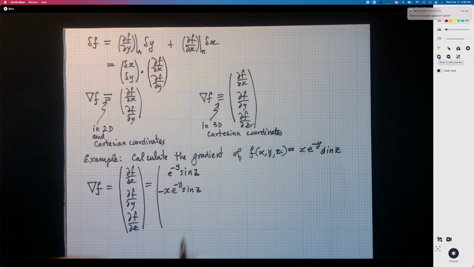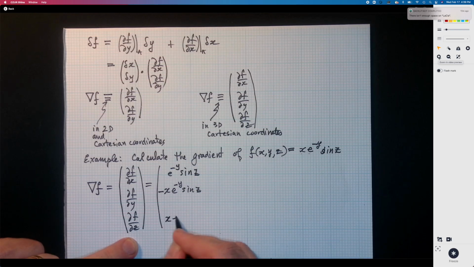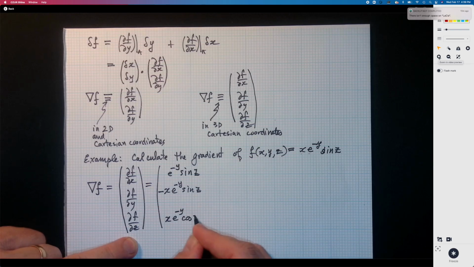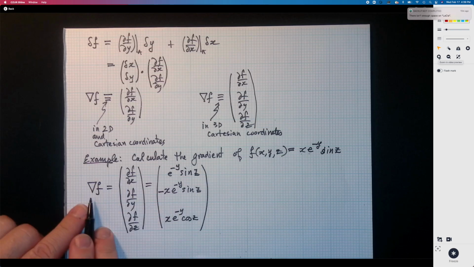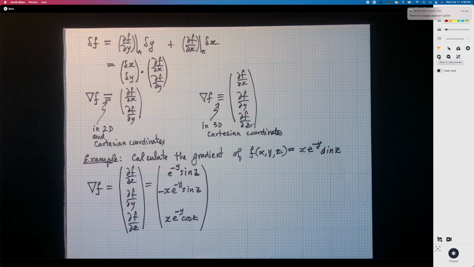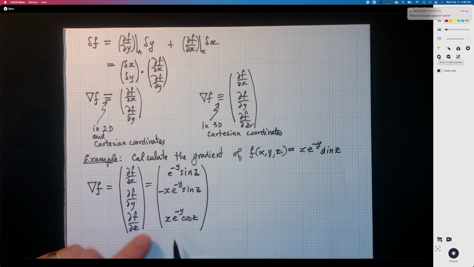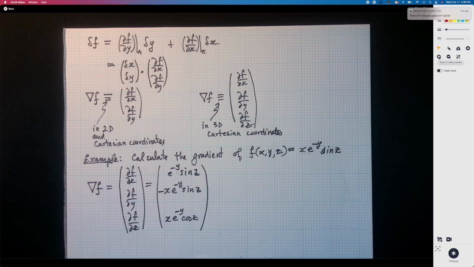And finally, the partial derivative with respect to z: now x and y are like constants, and the derivative of sine of z is just cosine of z. And so this is an example of computing the gradient of this particular function. And if we want to know the gradient at a particular point in space, we would pick some coordinates x, y, z and stick them into these components, and then we'd get the size and direction of the gradient grad f.